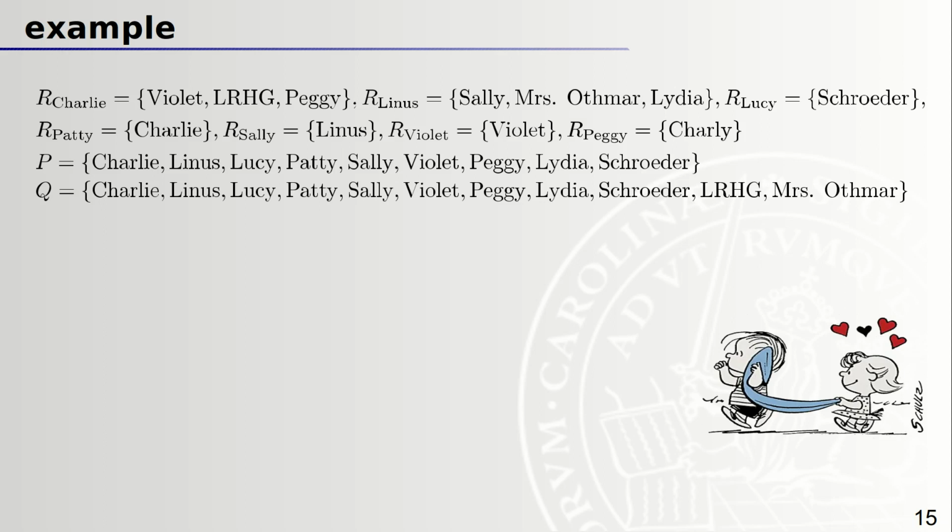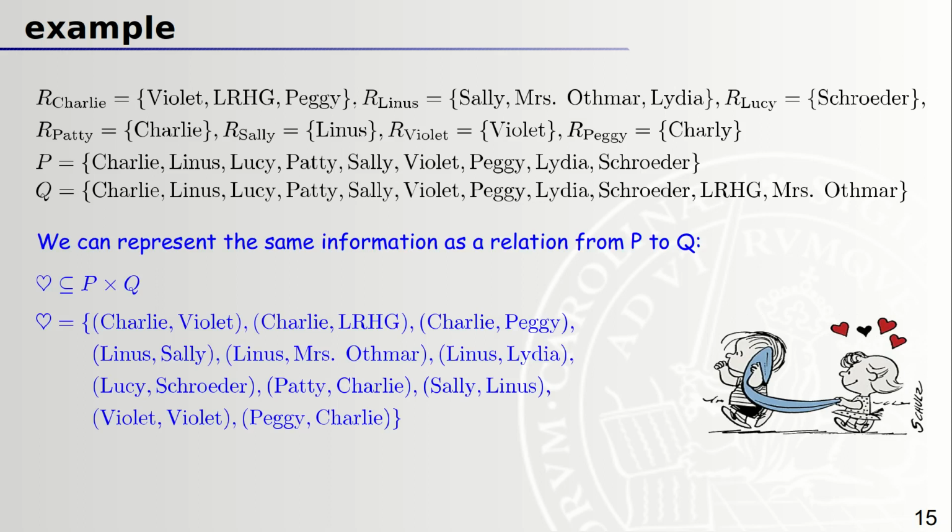We can represent the same information as the relation from P to Q like this. Note that Sally does in fact have a crush on Linus, since the pair Sally-Linus is an element of the heart relation, but Sally does not have a crush on Schroeder, because the pair Sally-Schroeder is not.